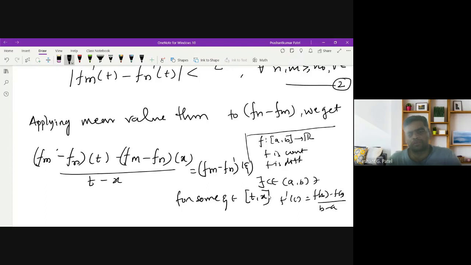So instead of a we have t, instead of b we have x.